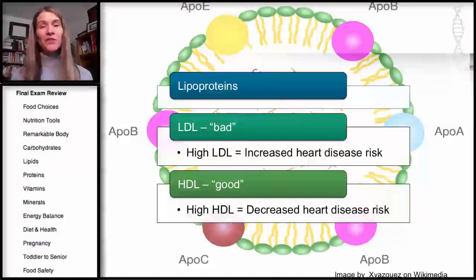But you also should know that in reality, they are really a lipid protein carrier. So they're carriers of cholesterol and triglycerides. A high LDL has been associated with increased heart disease risk, especially that small, dense LDL. High HDL has a decreased risk of heart disease. That'll be the end of this section on lipids.